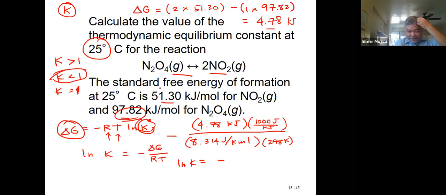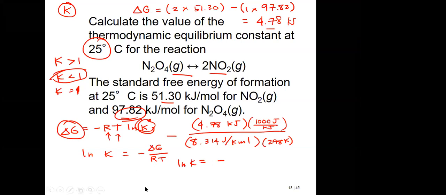So what is the value here when you do the calculation? Anyone?